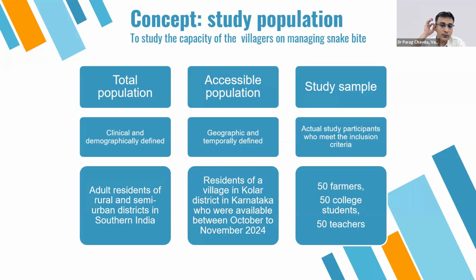Now, these concepts would help us. For the study sample, you'll have some inclusion criteria in your study, right? So the inclusion criteria would be, let's say, I'm interested in only patients with a particular severity of the disease, right? And the accessible population would help you in writing the methodology section of your study protocol. But the total population or reference population would be helpful when you are writing the study implications.